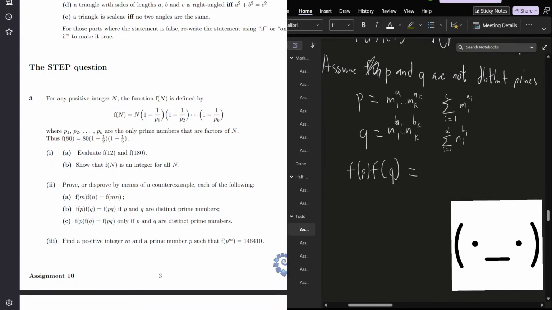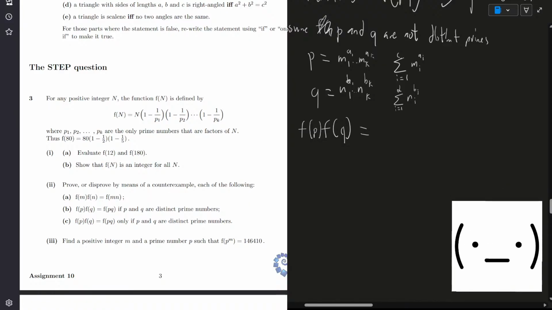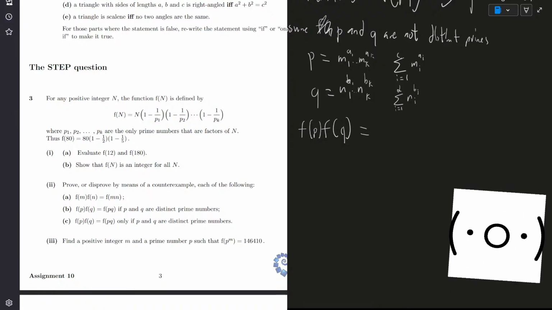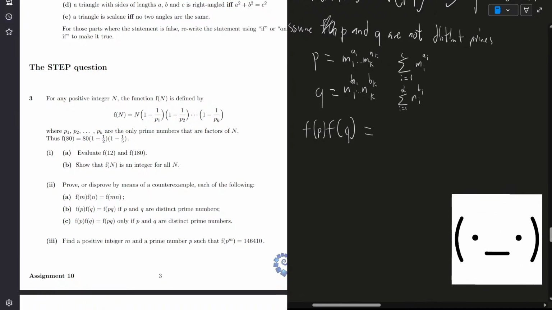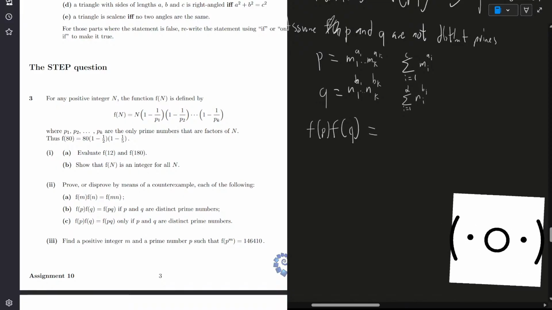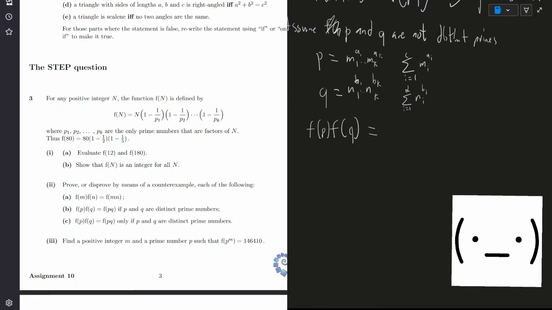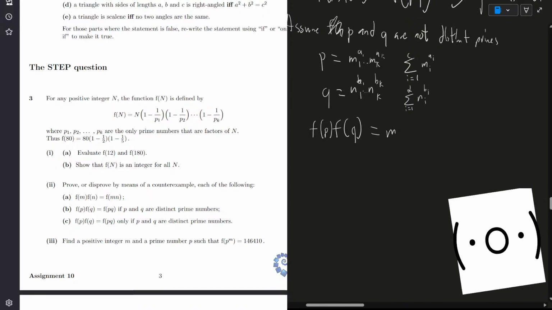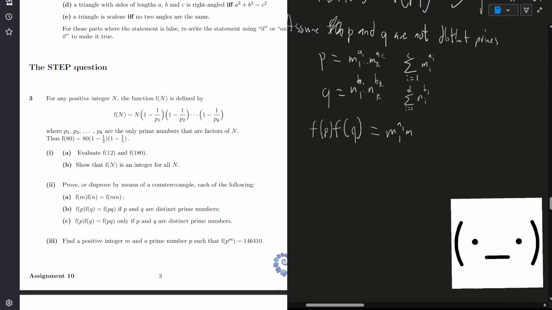Computer, calculate, calculate. I don't care. I'm writing them all like this. I don't even care.